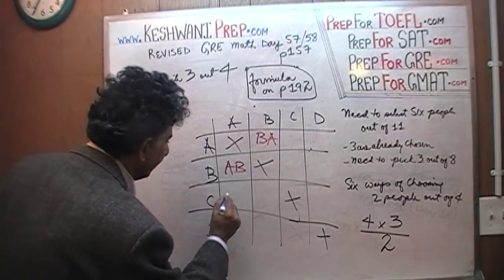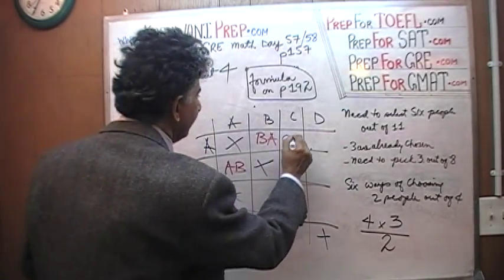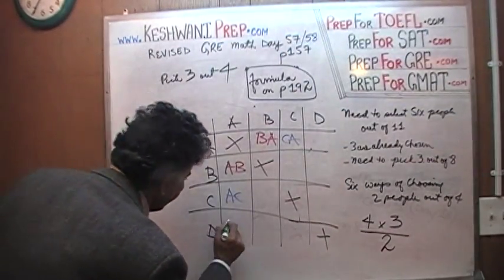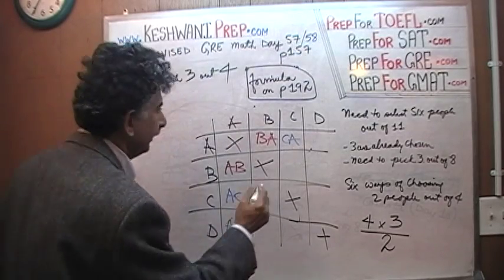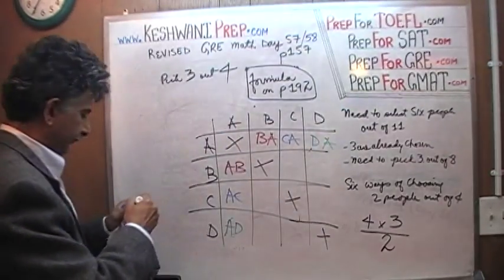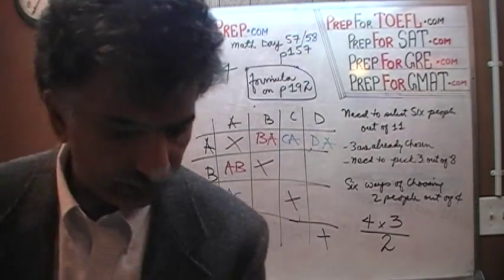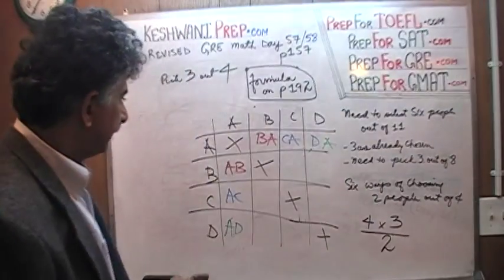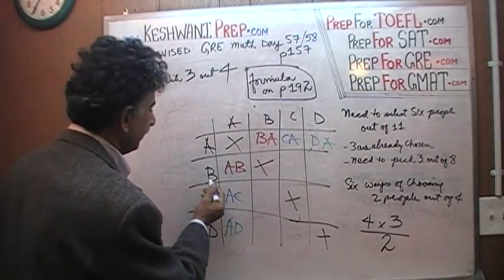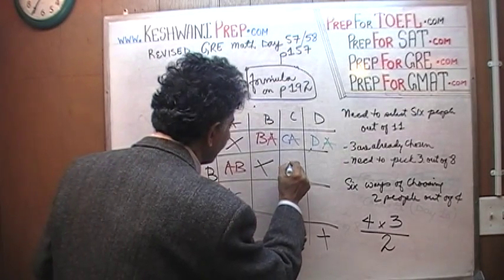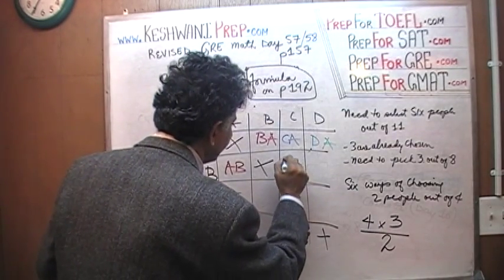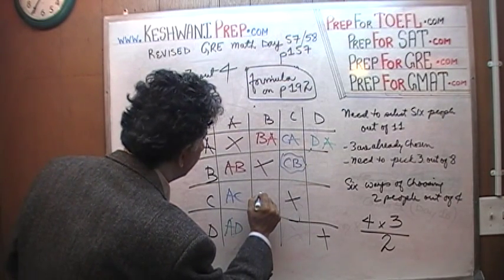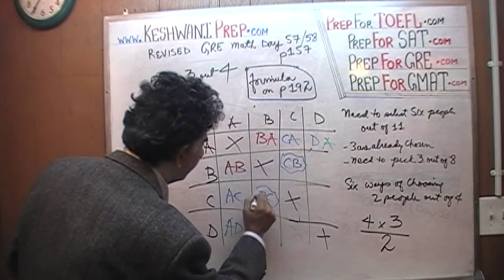Here is AC, and here is CA, again double counting. Here is AD, and here is DA. I'm running out of colors rapidly. That is all I have for colors. So now we're going to have to do it in a kinky way. Here we have BC, and BC.